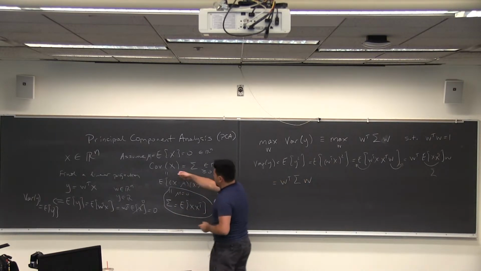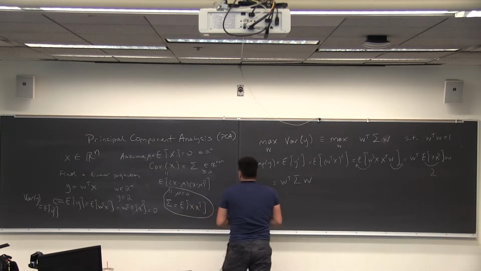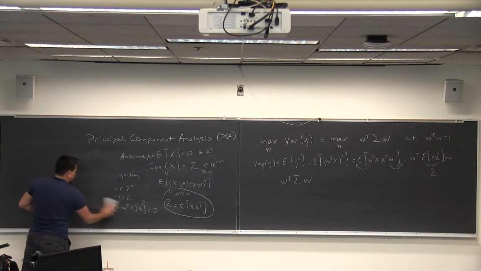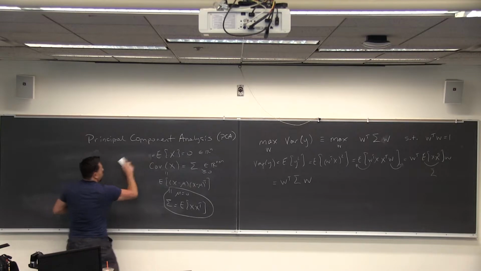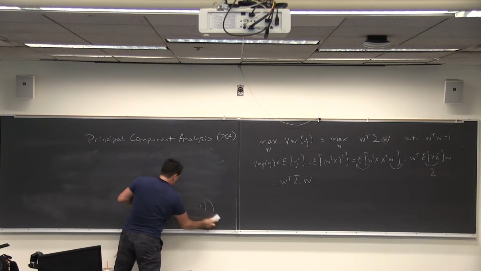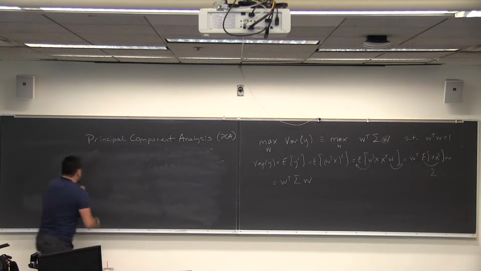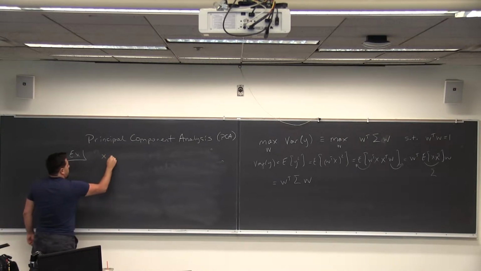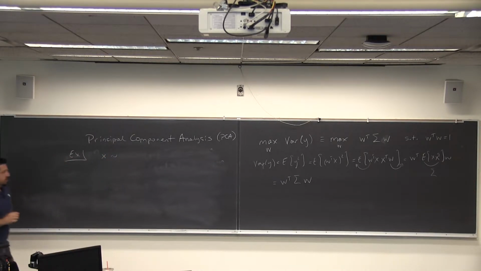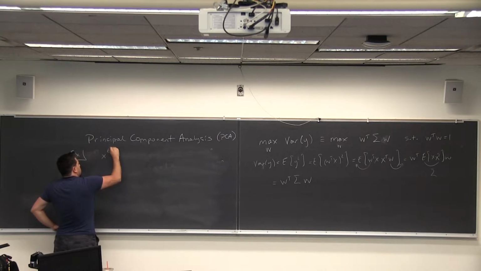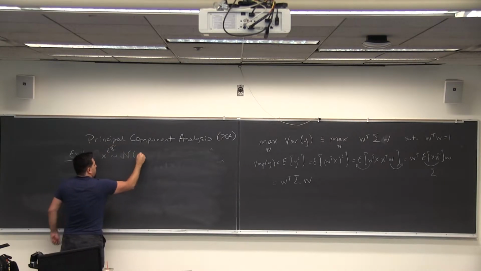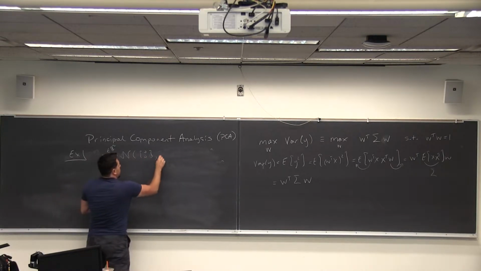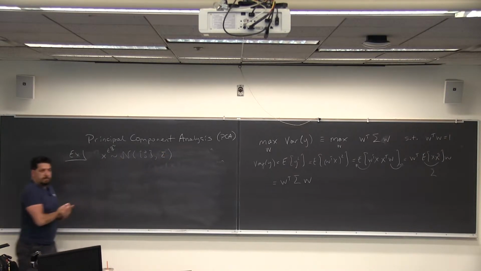So if I have a Gaussian, just for illustration, why do I want to maximize variance? Let's look at an example, and we'll do a numerical example later. So suppose my x comes from a Gaussian for illustration purposes. It's, let's say, two-dimensional. So I have a 0 mean and some covariance.